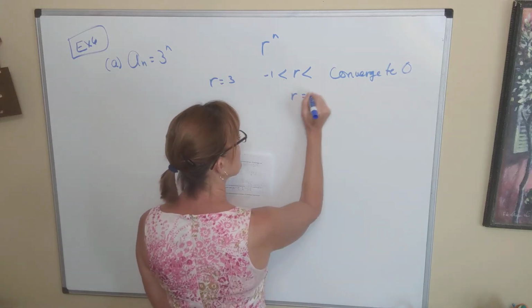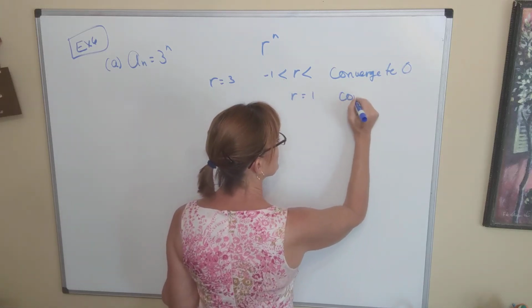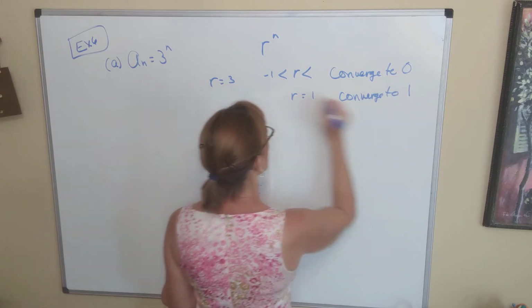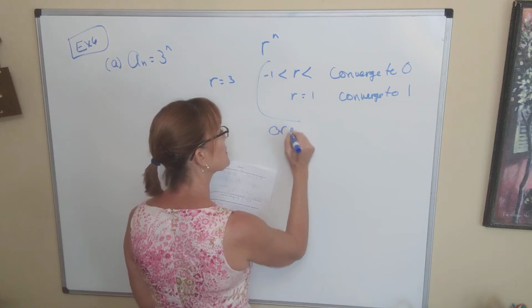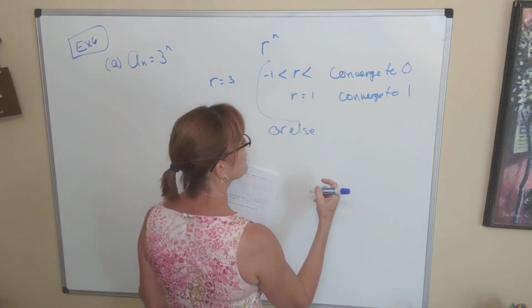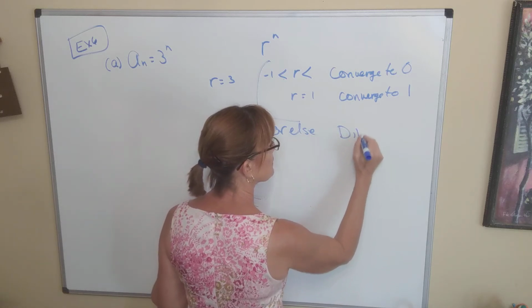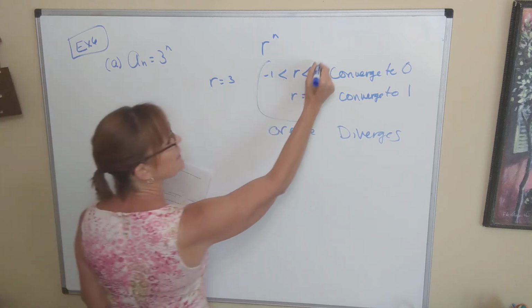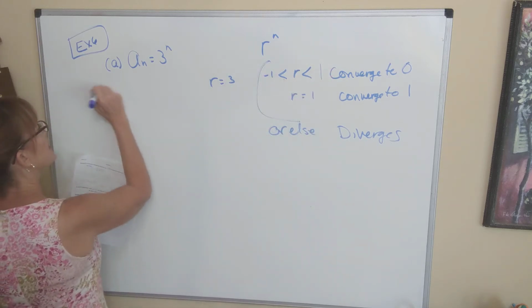And if r is equal to 1, it will converge to 1. Else, if r is not in between those values, it diverges. Well, r is 3. That's not in between these values, and so it's going to diverge.